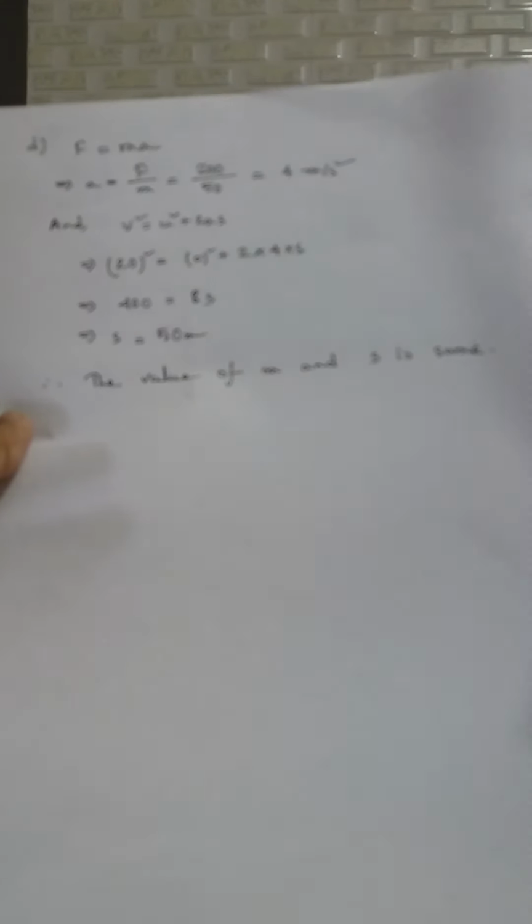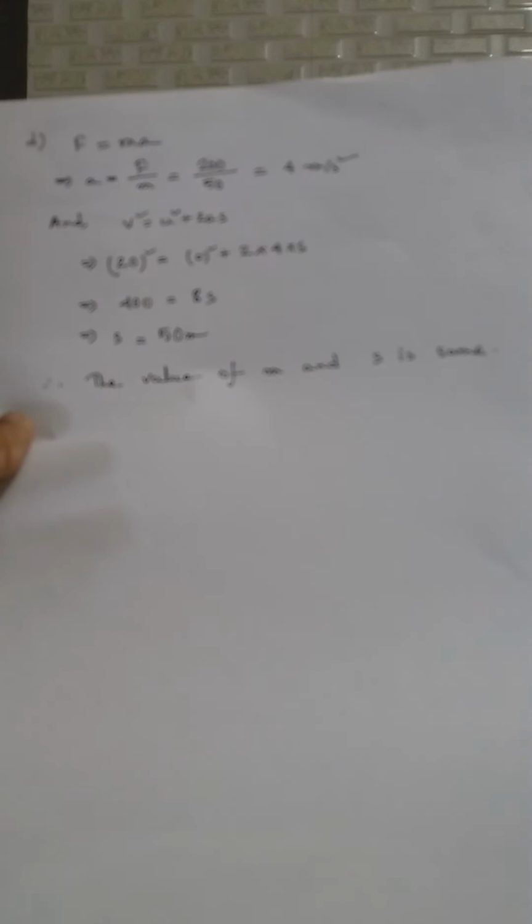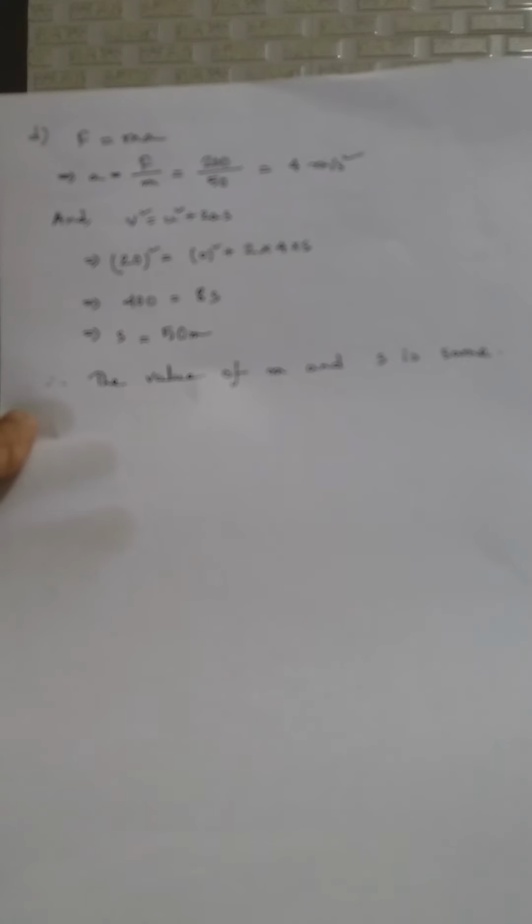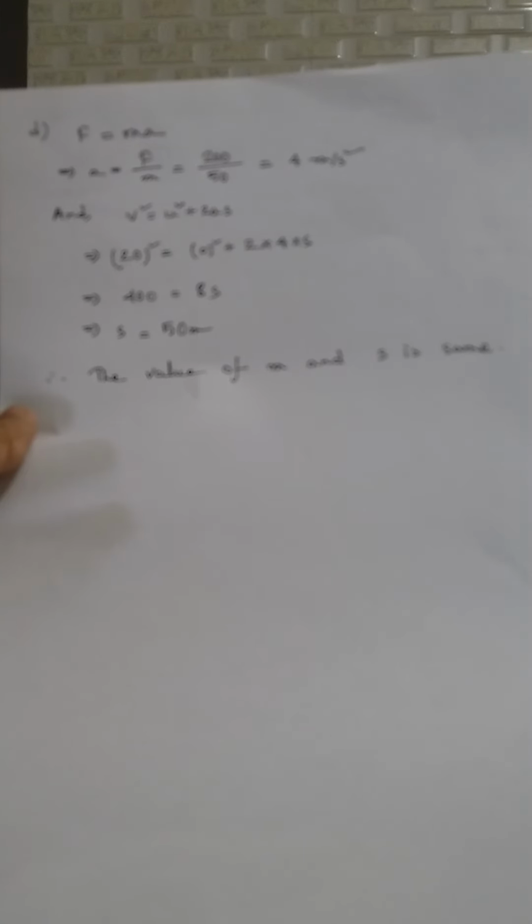That means the value is exactly equal to the value of mass that was given in our question. Our question was, according to the stem, show that the value of m and s are same. So we are observing that the value of m was 50 kg and the value of s is 50 meters. So we can say that the value of m and s is same.